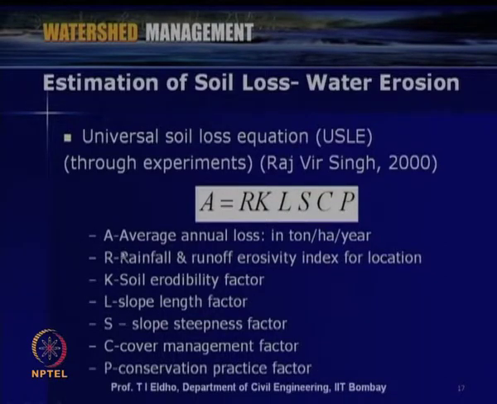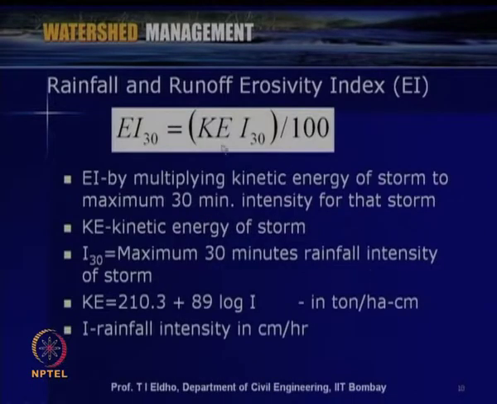Various relationships are available for these factors, and based upon the watershed or the area, we can assign values for each of these parameters and then estimate the average annual soil loss using this universal soil loss equation for water erosion.